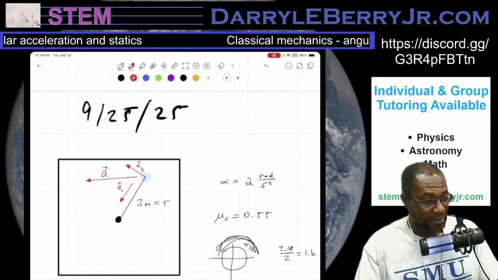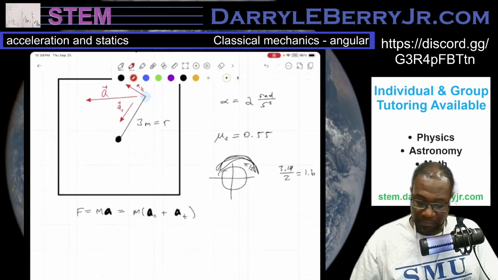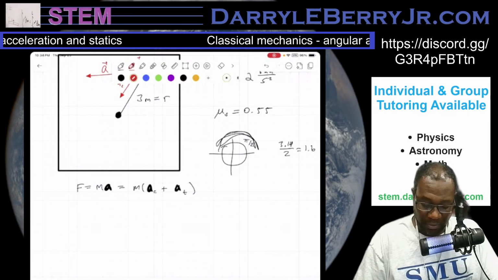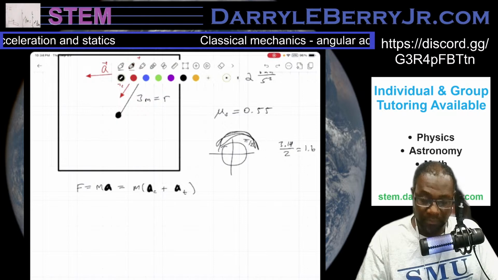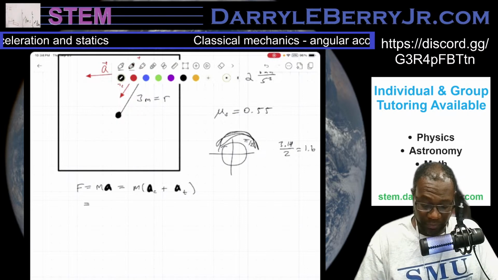Now, looking at the two types of acceleration, it equals m.